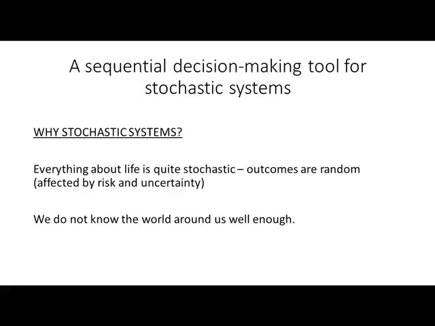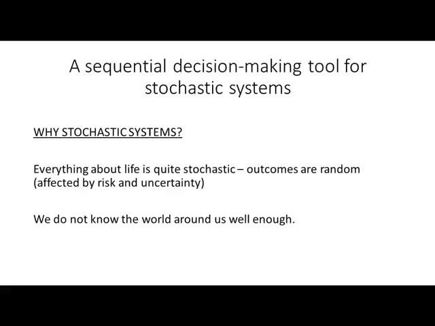And they are random because they're affected by risk and uncertainty. People have very different definitions for risk and uncertainty. Because I'm an economist, for me, risk is usually defined as stochastic events, the probability of which can be estimated based on data or based on our existing knowledge. And uncertainty, on the other hand, usually refers to events which we could hardly predict because we do not have enough knowledge or data to predict the frequency or the probability.